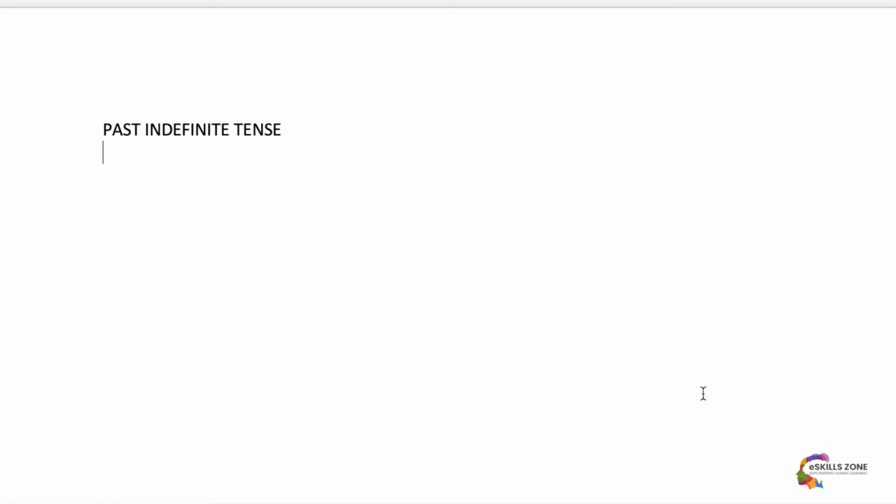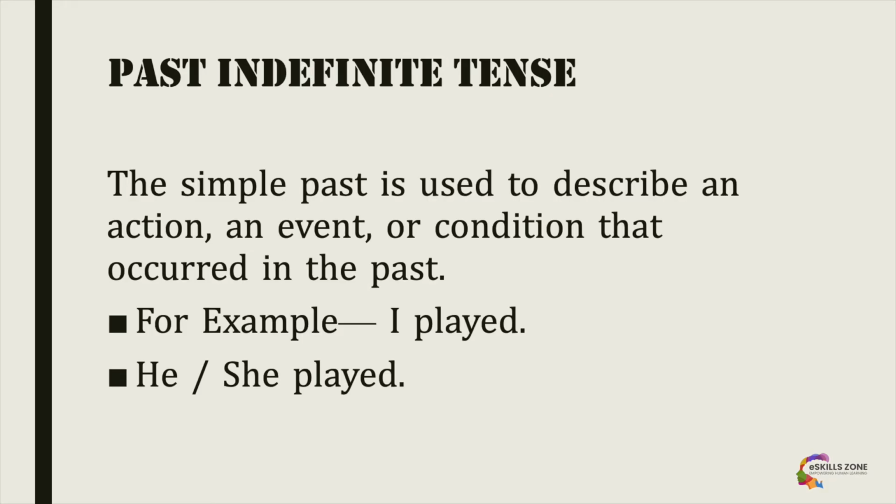In order to communicate effectively and clearly what exactly you are trying to tell the other person, or if you're communicating by writing, you need to make sure grammatically you are arranging the words in a way which exactly conveys your message. Since we have covered present indefinite tense, now in this video we will be covering past indefinite tense.